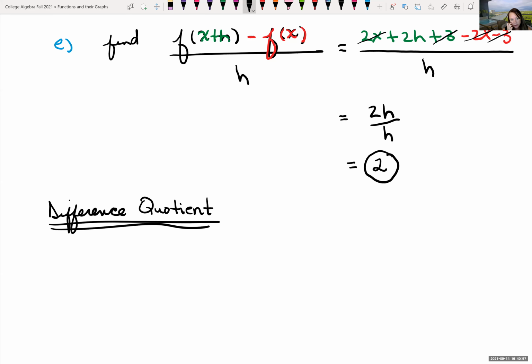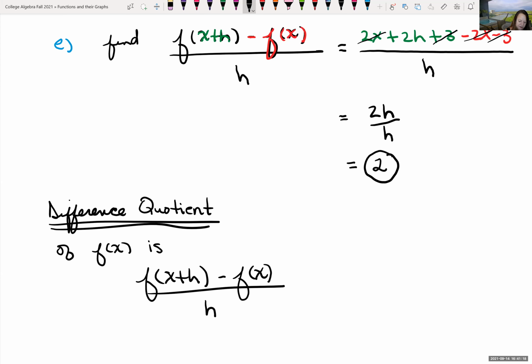So this is actually part of our formal definition of what a derivative is. And this says a difference quotient of f of x is f of x plus h minus f of x all over h.